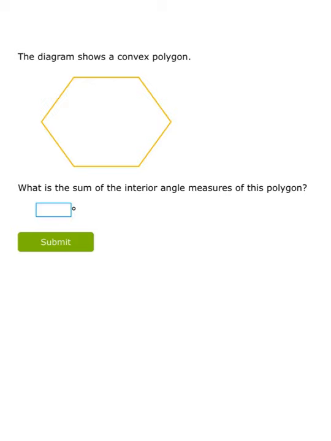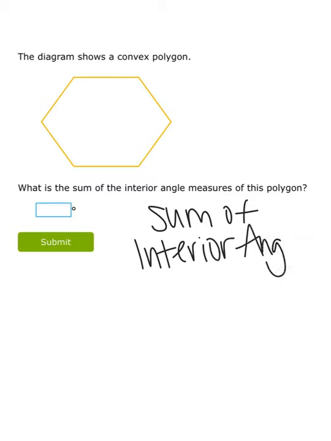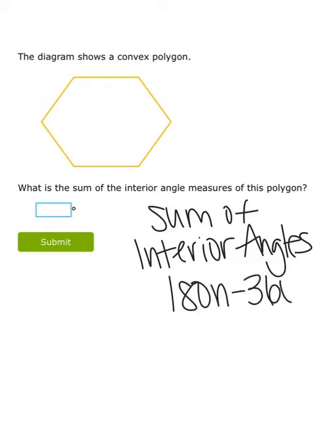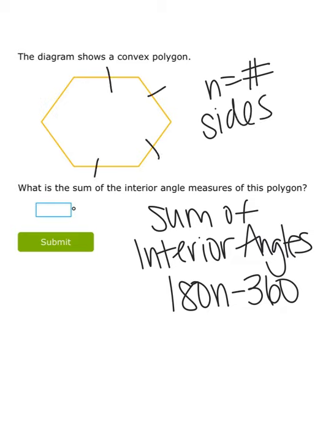This question wants me to find the sum of the interior angles of this polygon. So we now know that the formula for the sum of the interior angles of a polygon is 180n minus 360. So n is the number of sides of the polygon. In this case, I could count that this is a 1, 2, 3, 4, 5, 6-sided polygon, a hexagon.